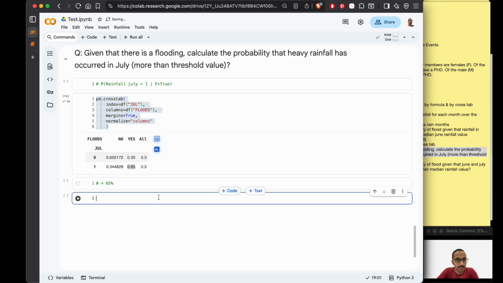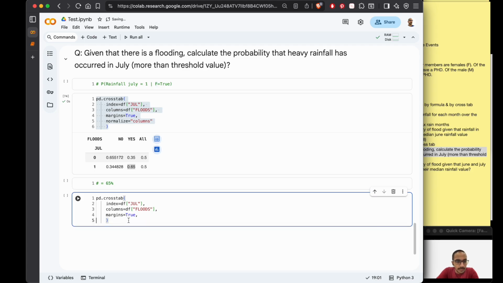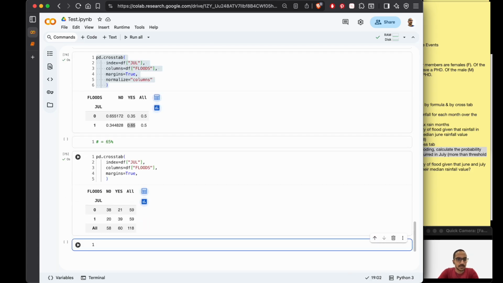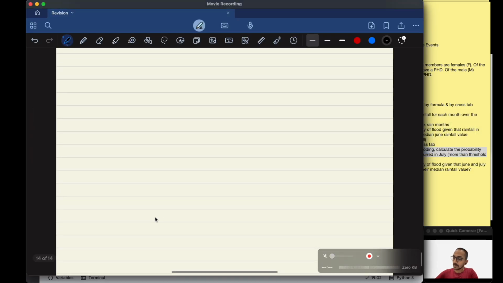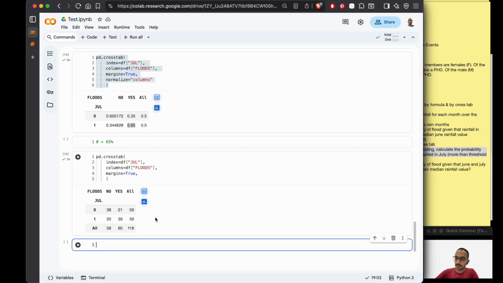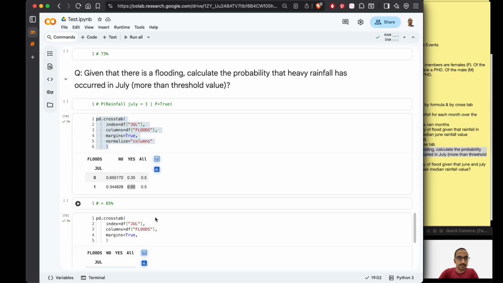Let's see. So we have our values. So we'll compute the probabilities. Here, the question is P of, what's the question? So yeah, P of rain given flood, right? So how do we do this?